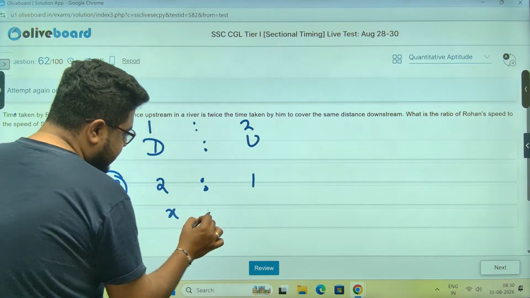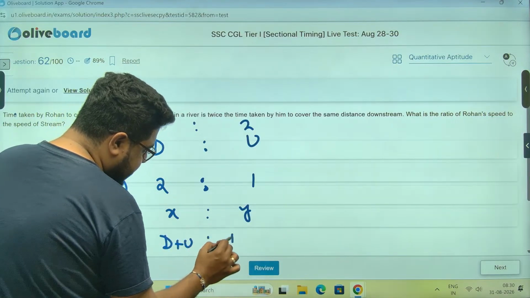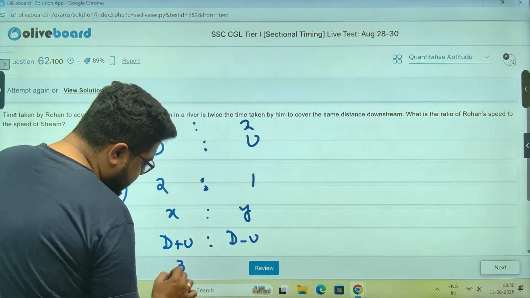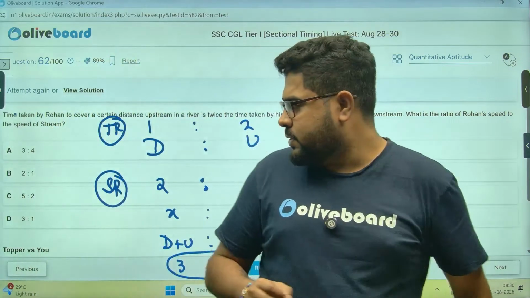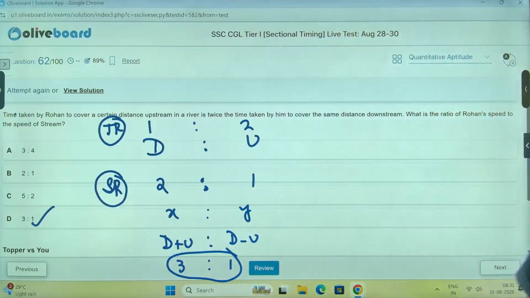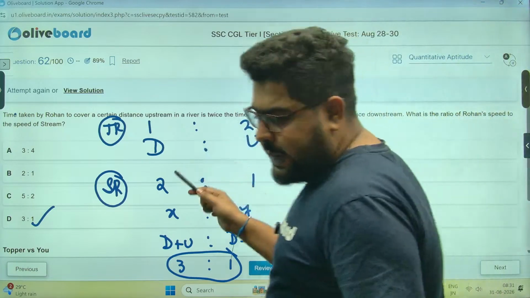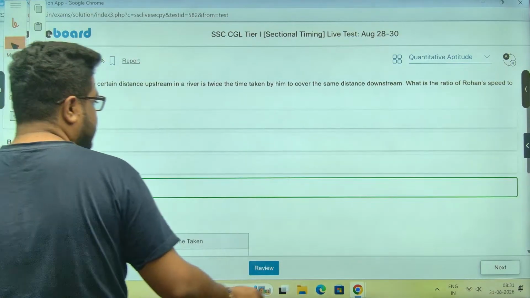So always remember x is to y is d plus u is to d minus u. So 2 plus 1, 3 is to 1, sir. Option D is the correct answer. 3:1 is the answer. D plus U is to D minus U, because X is D plus U by 2, Y is D minus U by 2. So if you take the ratio, by 2 cancels.